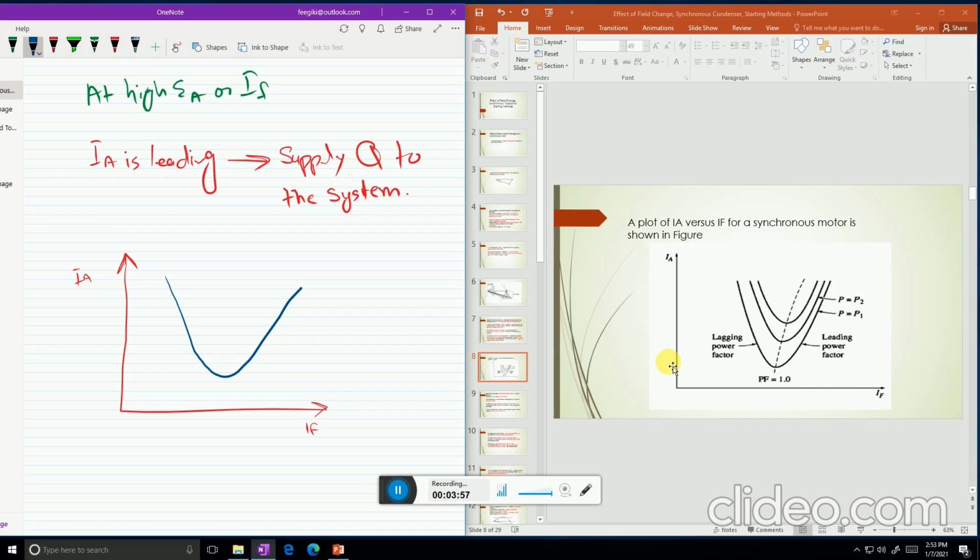At this point, when IA has a minimum value, the load is purely resistive and no reactive power is being supplied to the system. When we increase IF further, the current becomes more and more leading and now it is supplying reactive power to the system. This is the leading power factor, this is the lagging power factor, at a specific P, for example P1.